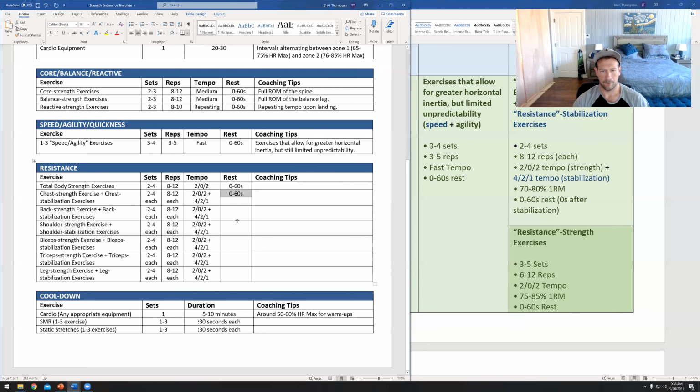Sorry, 1 second here. I want to put this in the middle. There it is. All right. And then for our cool down, we can keep that the same. We can still apply a stabilization style cool down there at the end.